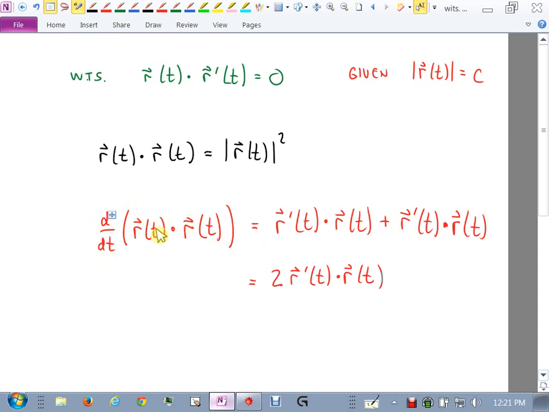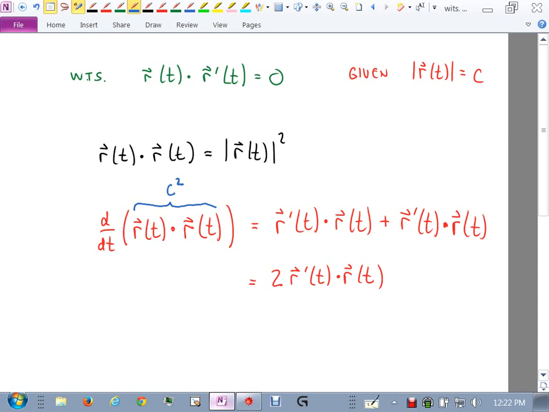We said that this right here was the magnitude squared. But what's the magnitude of our vector? C, right? So this is c squared. And what's the derivative of a constant squared? 0, right?